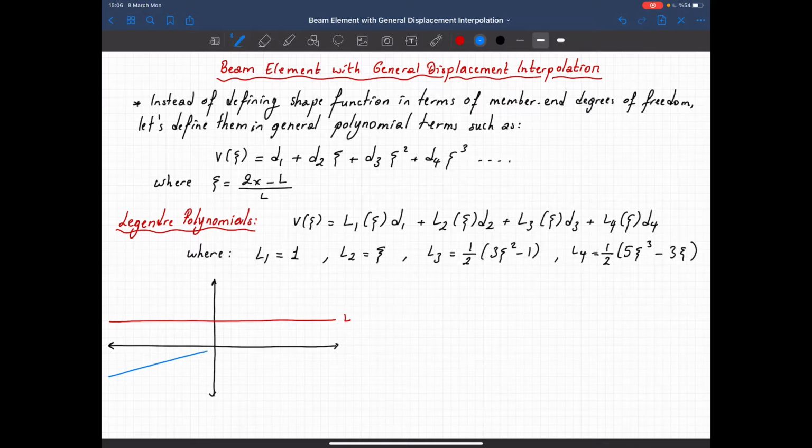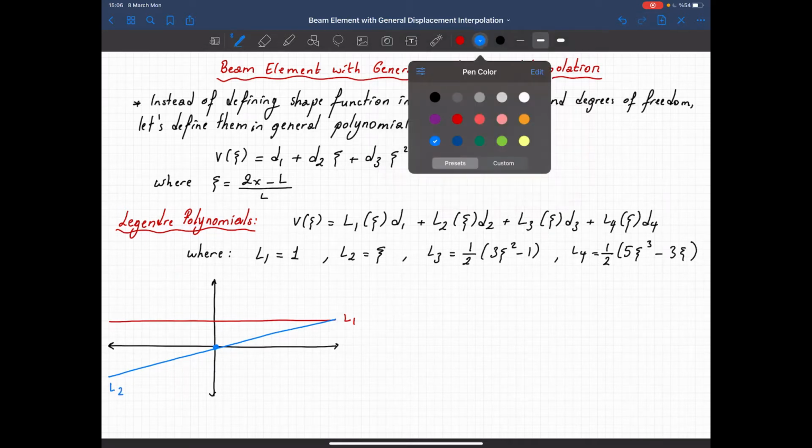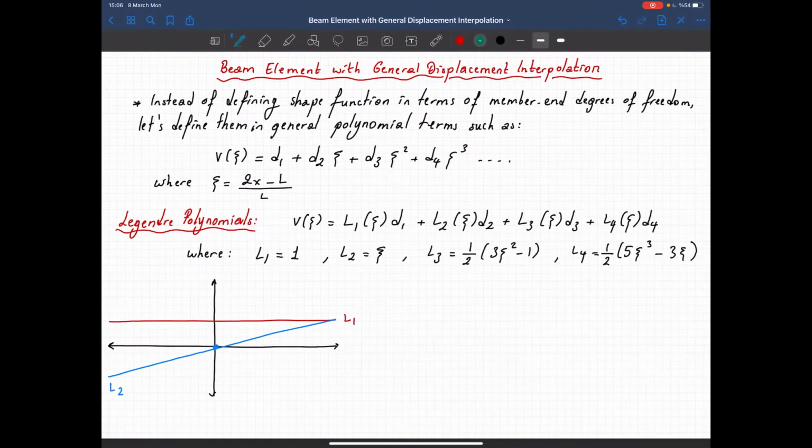From here to there, it will pass through 0. That's L1, and that's L2. L2 has a linear variation. Now let me plot L3. L3 will have a variation as follows.